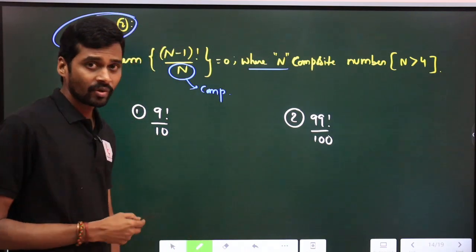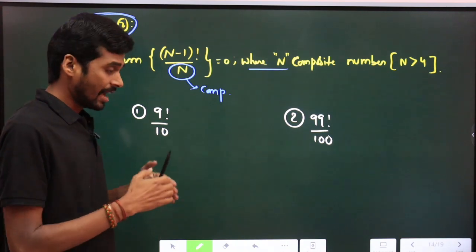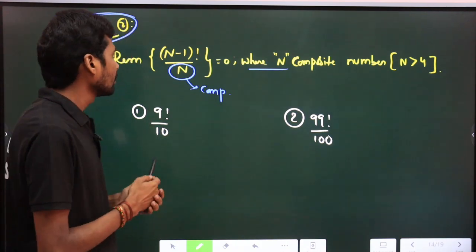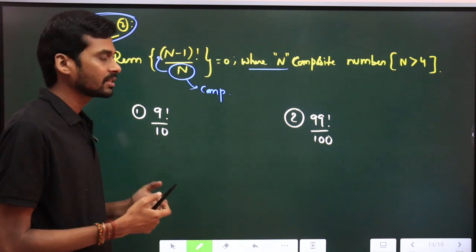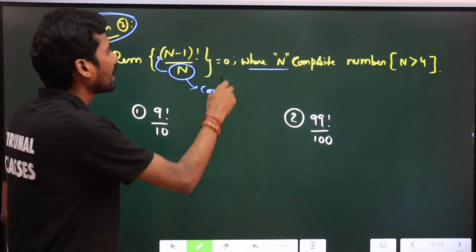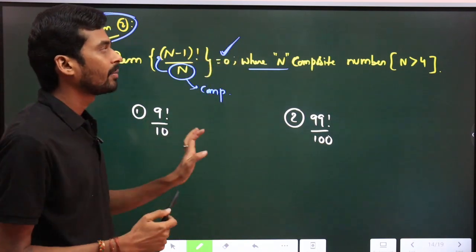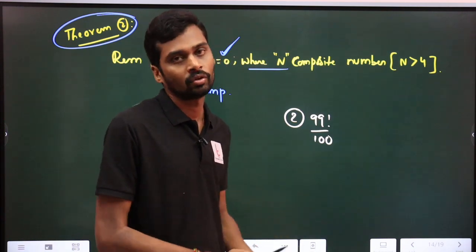In the earlier cases the denominator was a prime number. Suppose the denominator is a composite number and the numerator is 1 less than the denominator, then the final remainder value is 0. Okay, so this is Wilson theorem number 2.